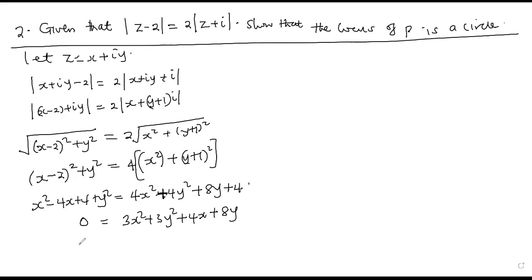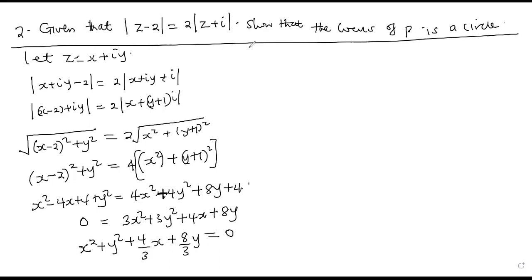When you divide through by 3, you will have x squared plus y squared plus 4 over 3 x plus 8 over 3 y is equal to 0.